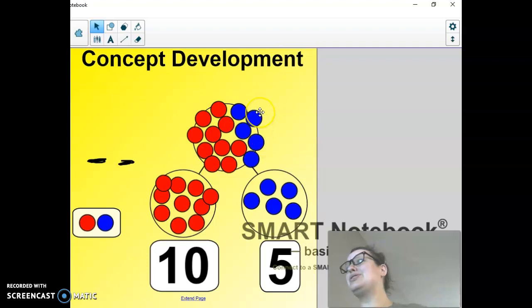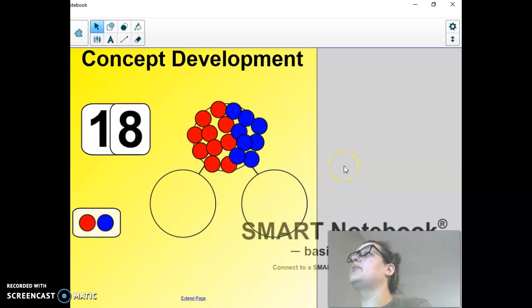Yeah. So we didn't split up 15 just any old way. We made it one group of 10 and some ones left over. So when we talk about teen numbers, there are different ways to split them up, but today we're going to focus on making it one group of 10 and some ones left over.